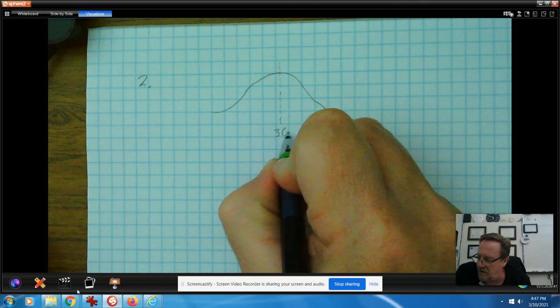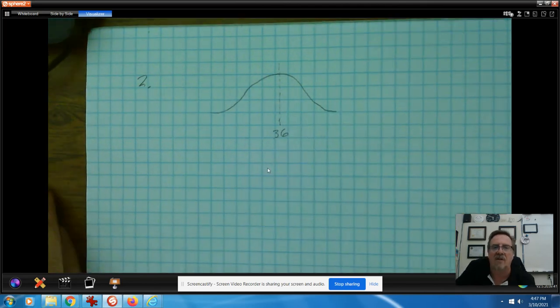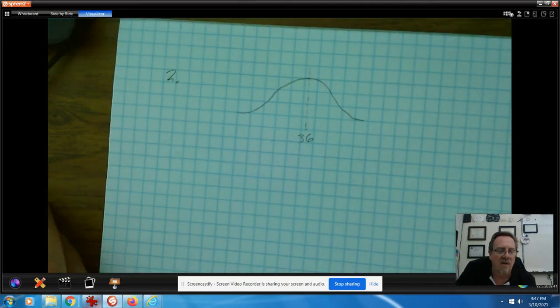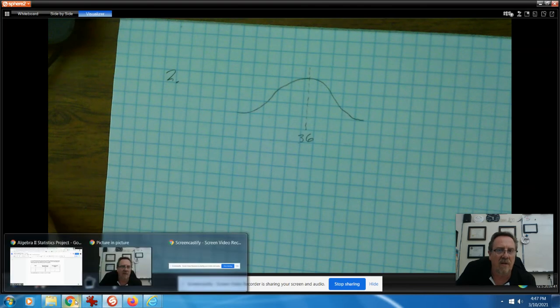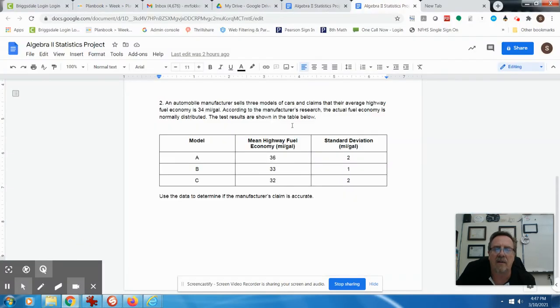And for this first one, it said their mean was 36. I'm going to write that there. Where'd you get that information, Mr. Fokin? Well, if you go back here, it says the mean for model A here was 36. I'll label my chart here A. I want you to notice that the standard deviation was 2 miles per gallon.